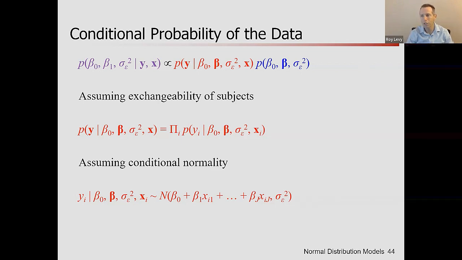If we assume exchangeability, that is, treat everybody the same, and use normal distributions, standard in linear regression, then what we're saying is the story of linear regression: the outcome variable y, given the intercept, slope, and error variance and all the x's, is modeled as being a normal distribution with mean given by that regression function, intercept plus slope times predictor plus slope times predictor, and so on, and then variance given by error variance.